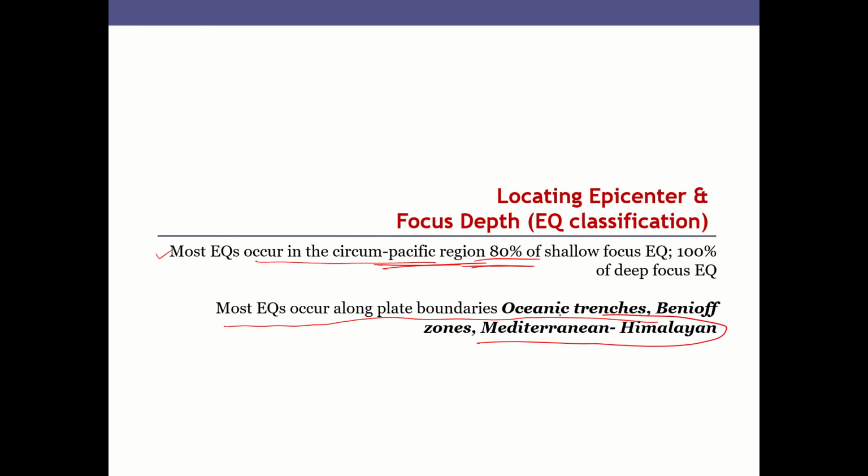With respect to the Indian condition, I said in the beginning also, when we discussed India's location and the relevance of disaster, the Himalayan region or belt is one of the regions where a number of earthquakes are continuously recorded and observed.